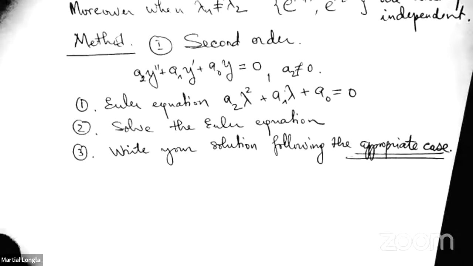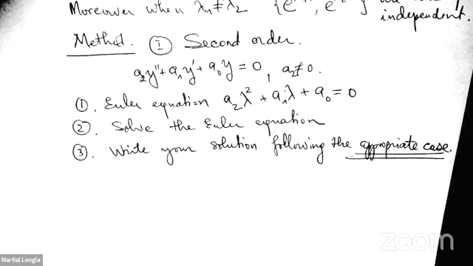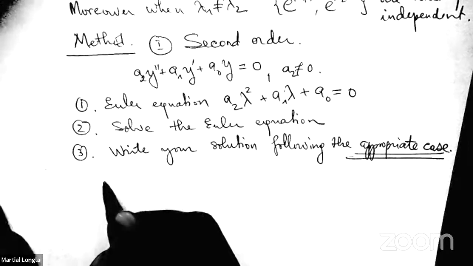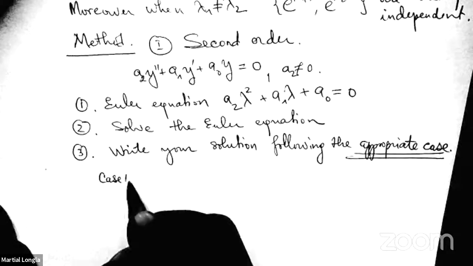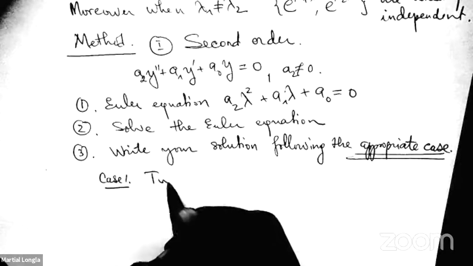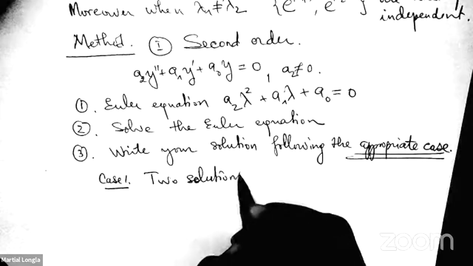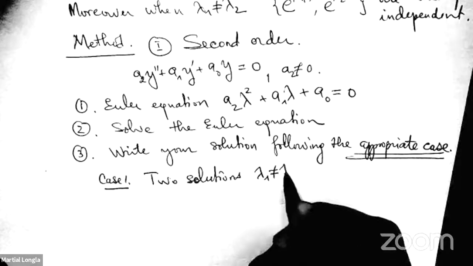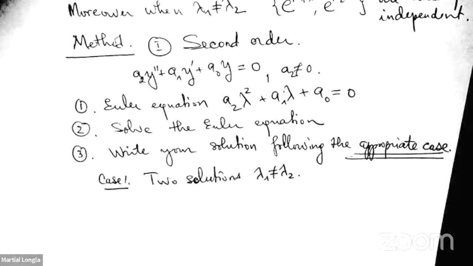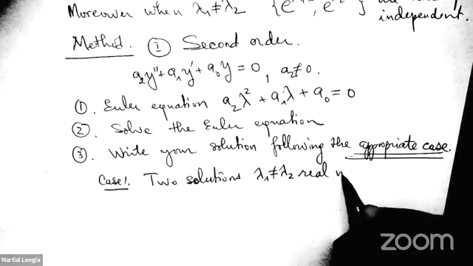This is where it is funny. Following the appropriate case. And what is that? The thing is that when you solve this equation in general, it's a second order equation. We have a formula to solve that, which we call the quadratic formula. You have three cases. First case, case 1, you get two solutions, lambda 1 not equal to lambda 2, real numbers.